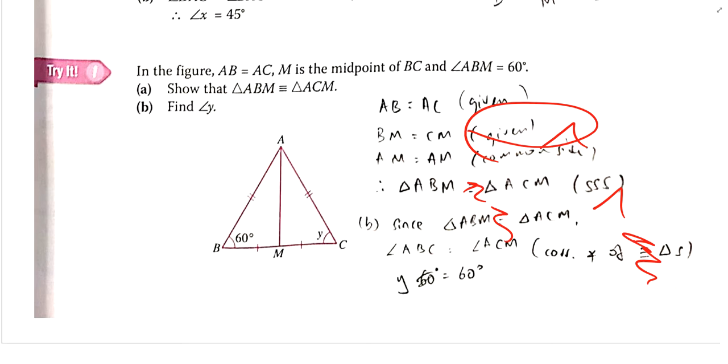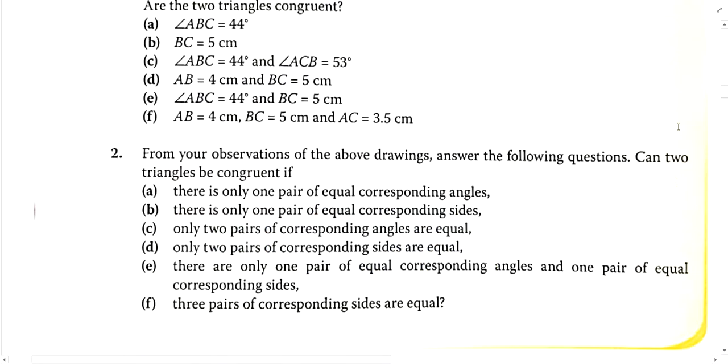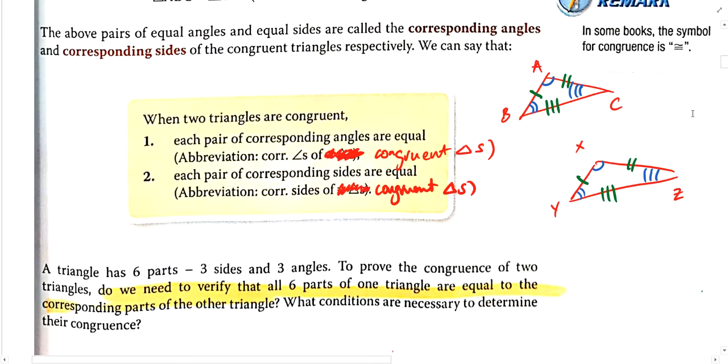Yes, because those two triangles are congruent. Be more specific. What do we see from the previous page? Sometimes you need to call out one of these reasons. So which reason should I use? Angle Y equals angle ABM. Why are they equal? Is it number 1 or number 2? Number 1. So what should I write?